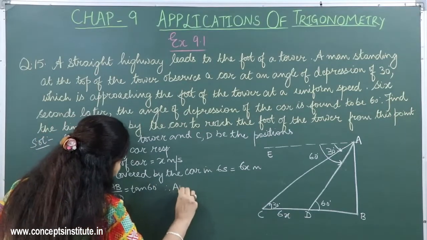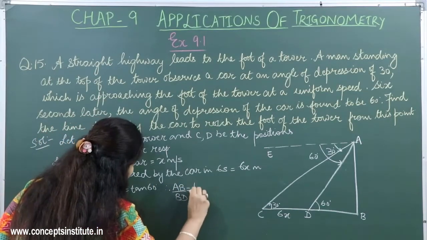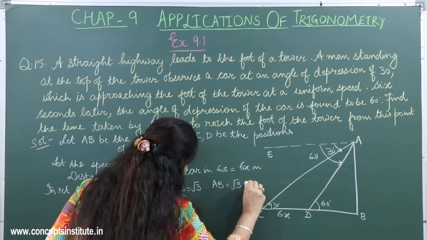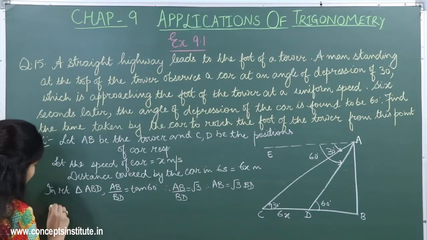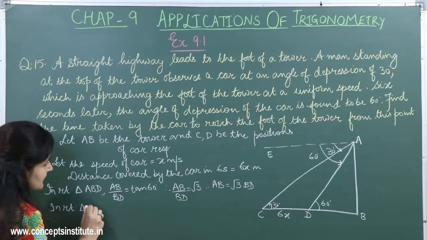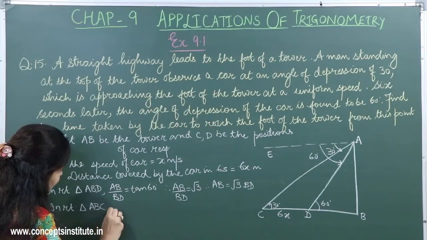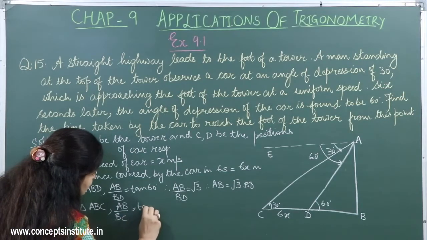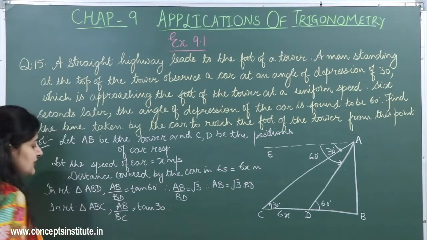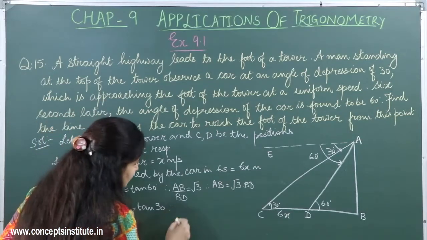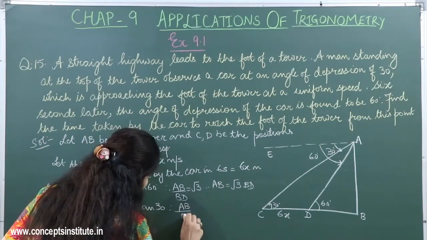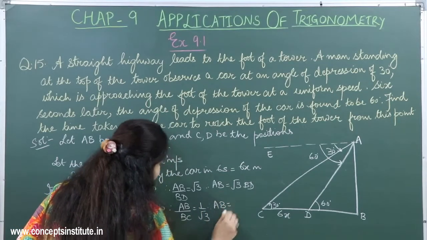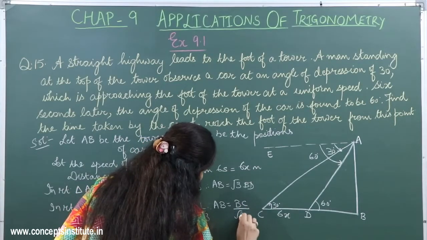So AB upon BD, tan 60 is root 3. So I can say that AB is root 3 into BD. Now in right triangle ABC, I have AB upon BC equals tan 30. So I would get AB upon BC equals 1 upon root 3. So AB would be BC upon root 3, isn't it?